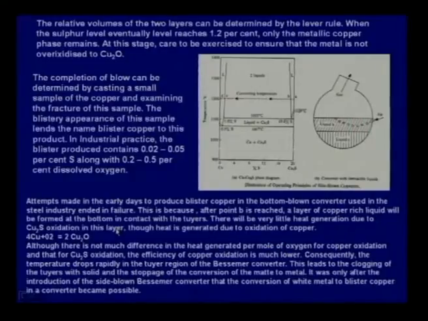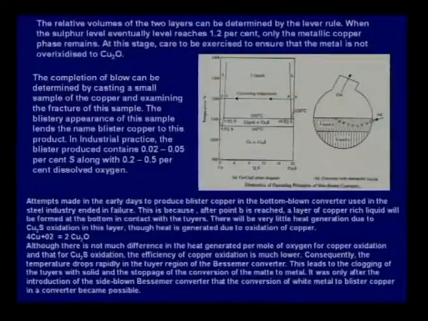There is no more Cu2S left. Cu2S oxidation is generating heat. Once it produced copper, the copper would sink and cover the tuyere, and because there is no heat being generated, you have a problem there.